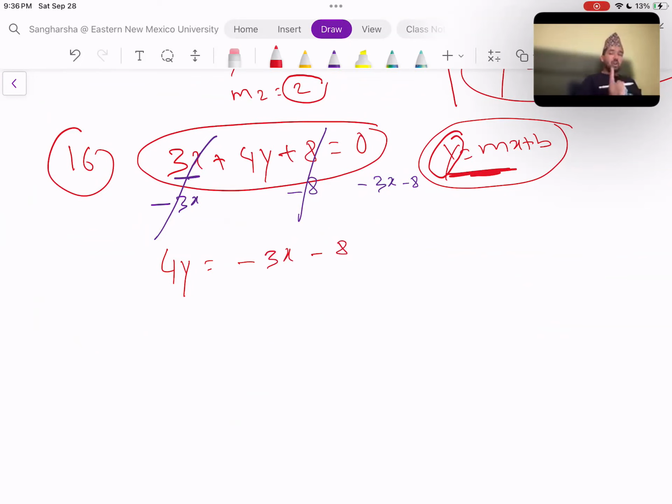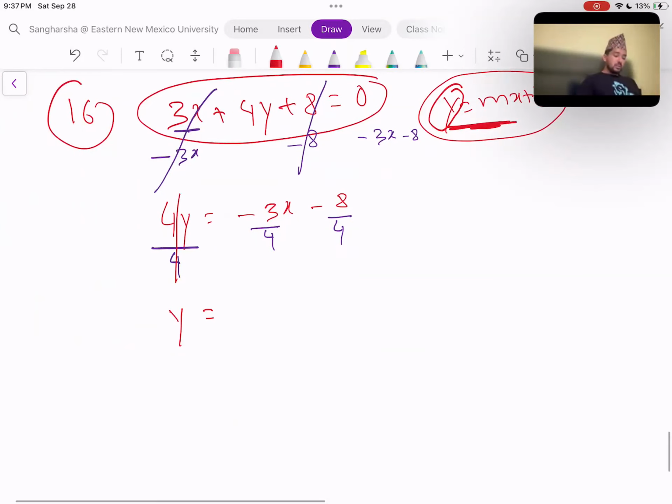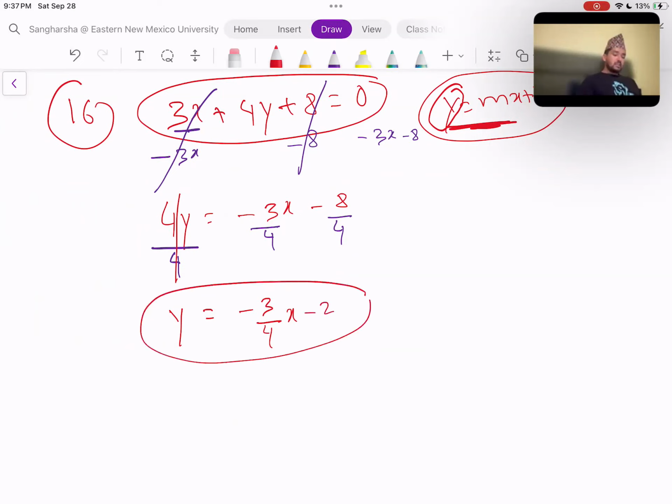You are solving for y, so your y has to be alone by itself. To get rid of 4, we divide each term by 4. So this is cancelled. We have y equals negative 3 over 4 x, negative 8 over 4, that is negative 2. And this is in the y equals mx plus b form.